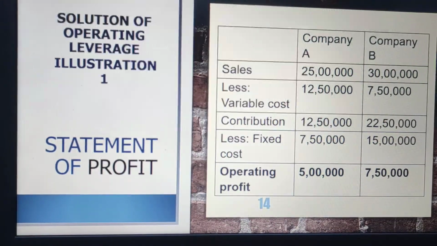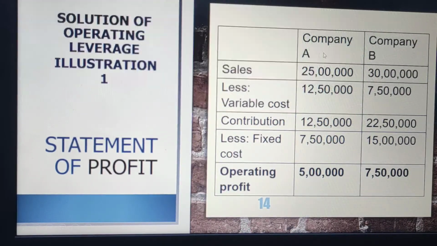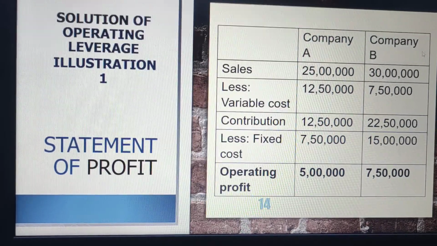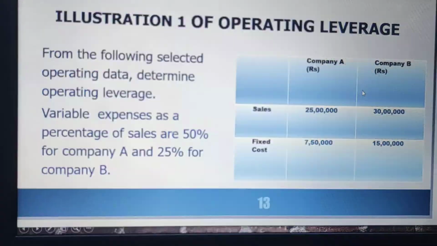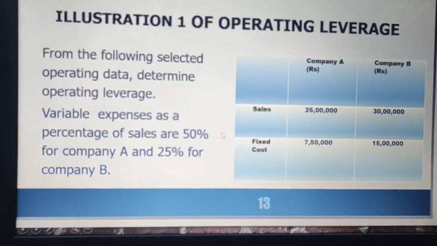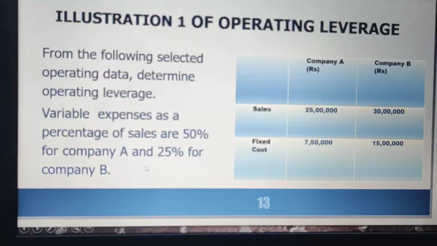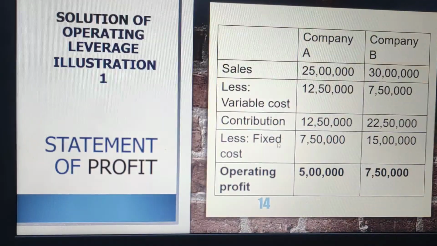Firstly, we need to calculate the sales. Sales are given, that is 25 lakh in the case of A, and in the case of B it's 30 lakh. Similarly, it is mentioned that variable costs are 50% of sales in case of A, and in case of B it's 25%.